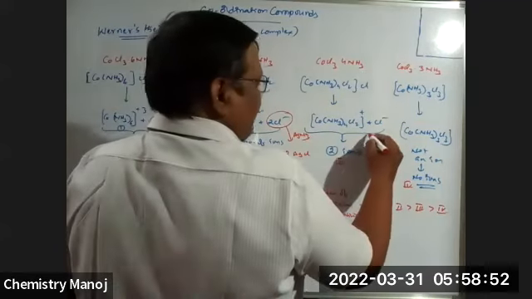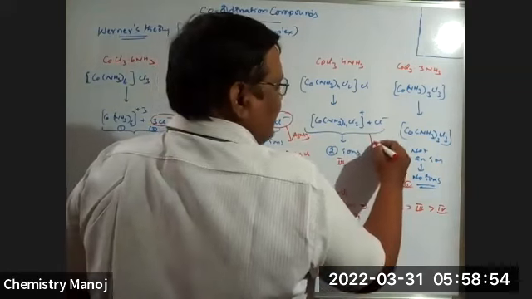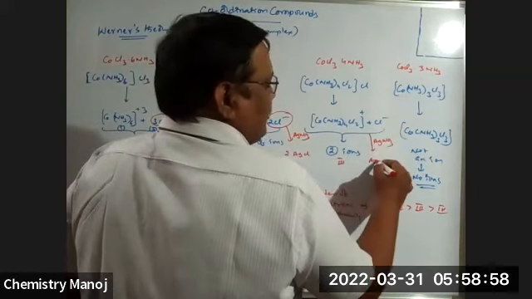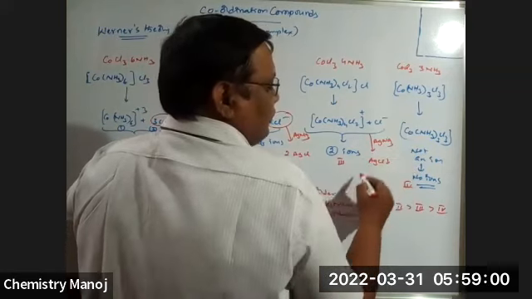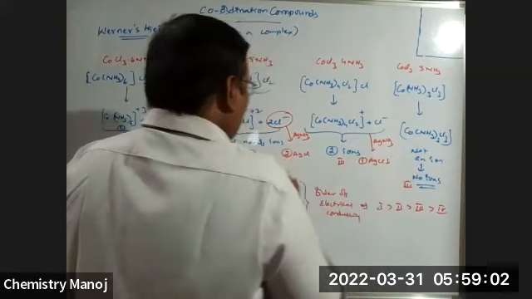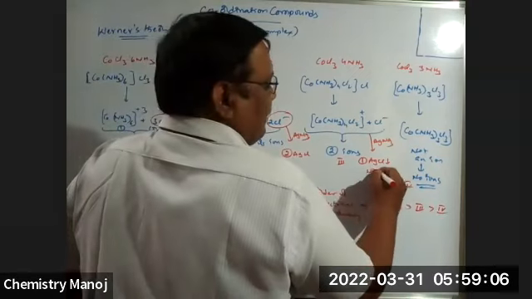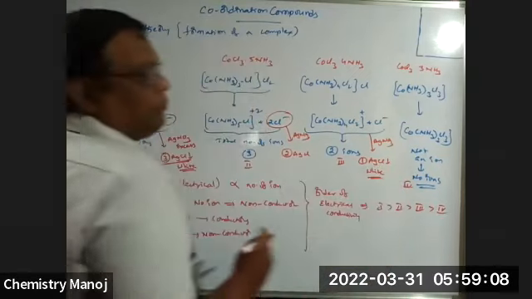If this is dissolved and treated with AgNO3, how many moles of AgCl are formed? 3 moles. So it is a precipitate, white in color. What is the color of AgCl? White.